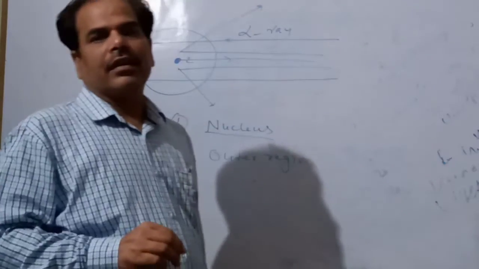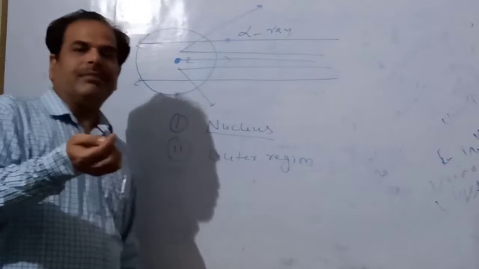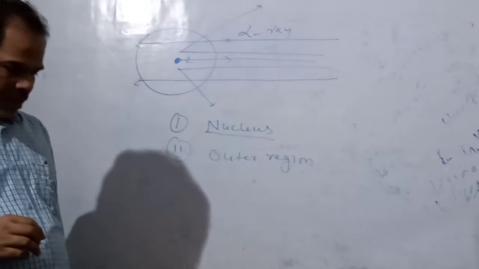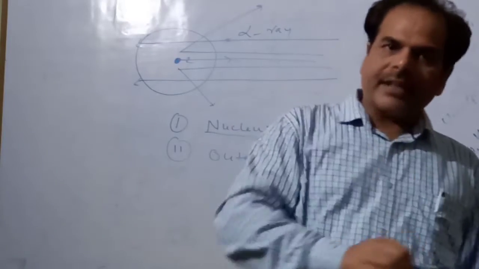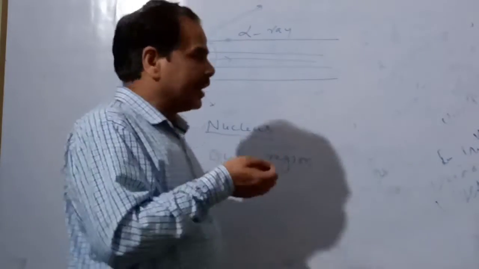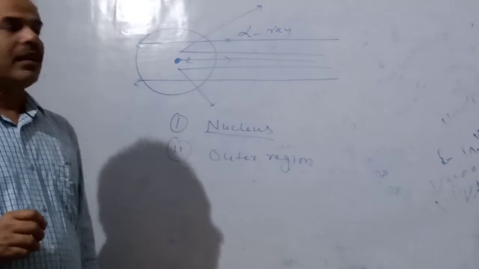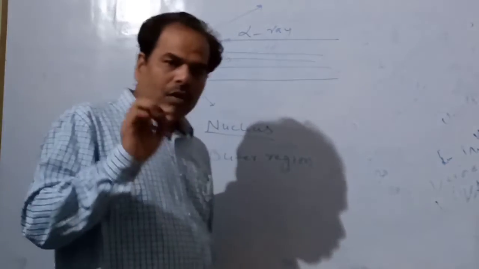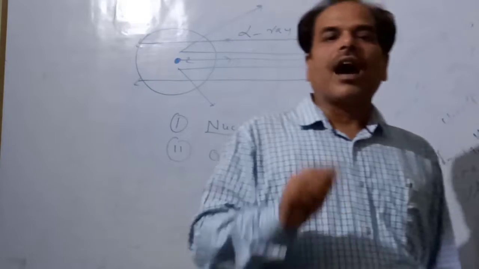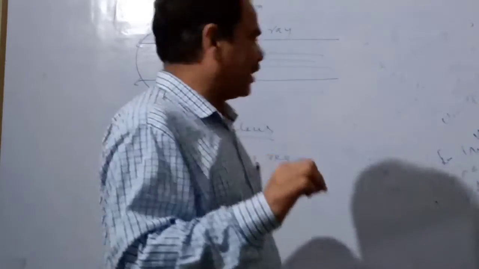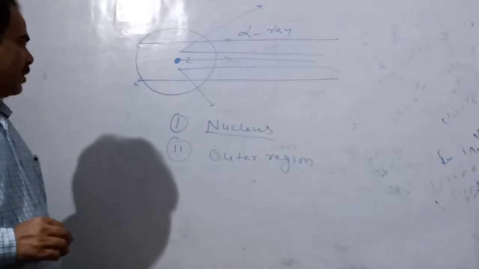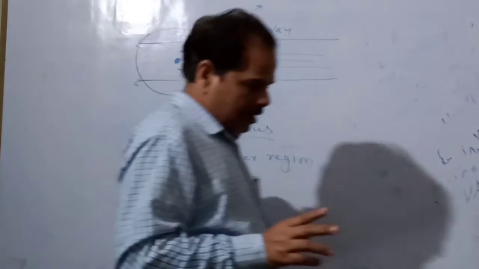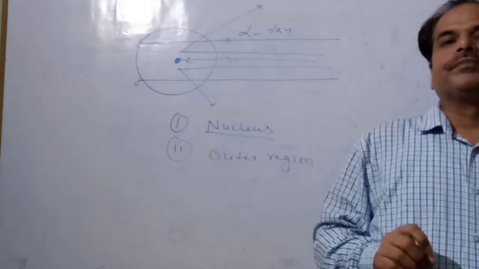Nucleus is positively charged. Most of the mass of the atom is concentrated in the nucleus. All the protons and neutrons are present in the nucleus. The outer part is empty.